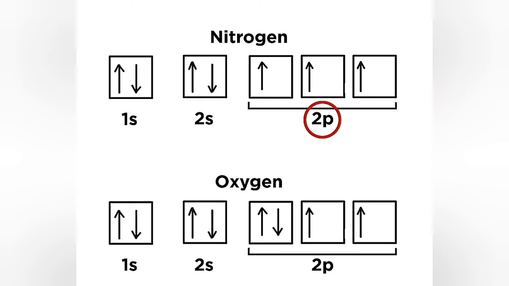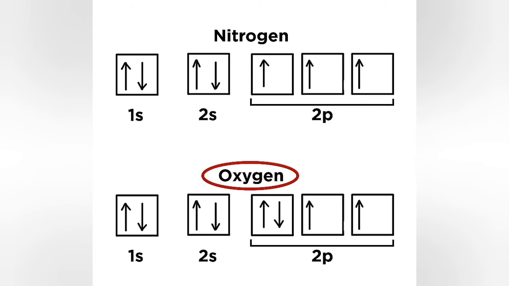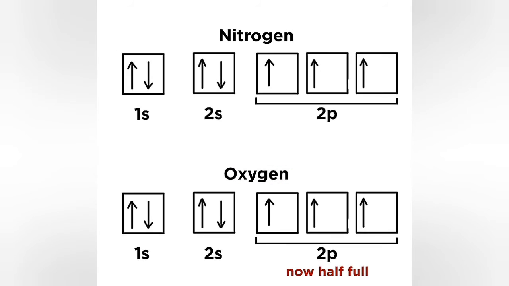This gives nitrogen a special stability, just like elements that have a full shell. If nitrogen loses an electron, it loses that special stability. But if oxygen loses an electron, it will gain that special stability.